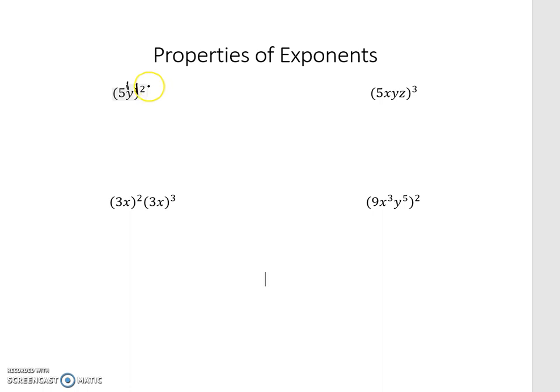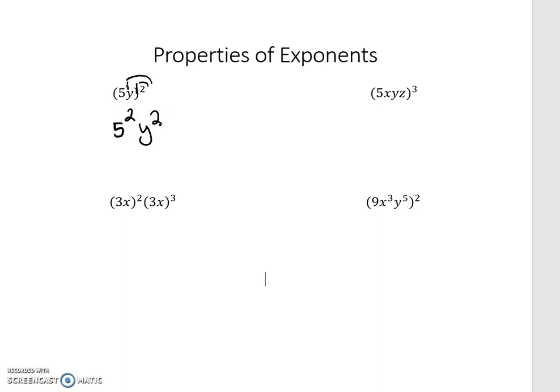So I'm going to go ahead and distribute the 2 to each of those, and remember that the power property says that we multiply our exponents. So I have 5 to the 1 times 2, which is 5 squared, and then we have y to the 1 times 2, which is y squared.